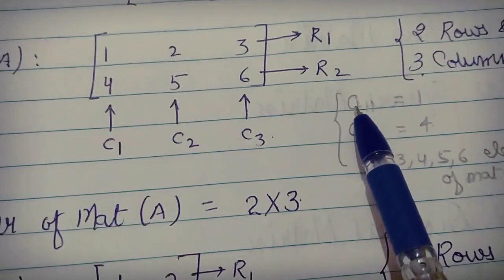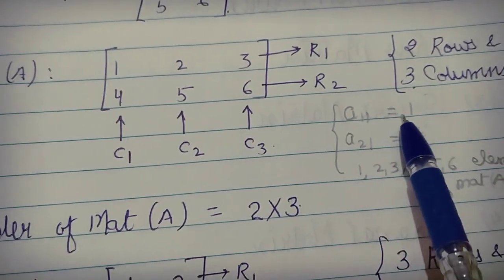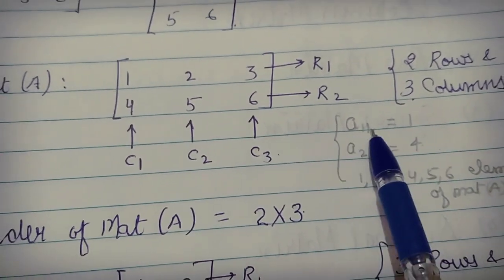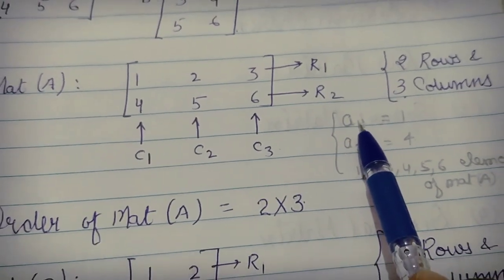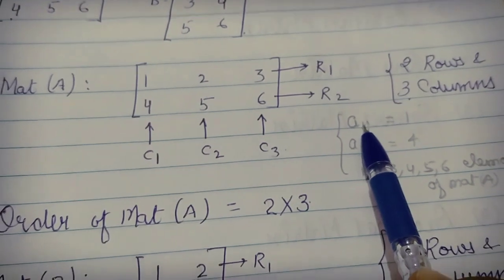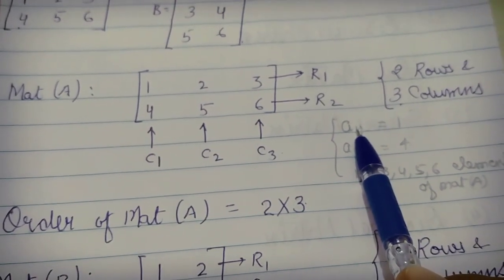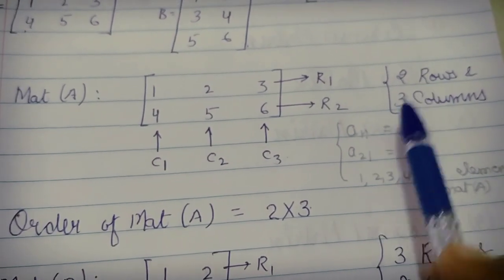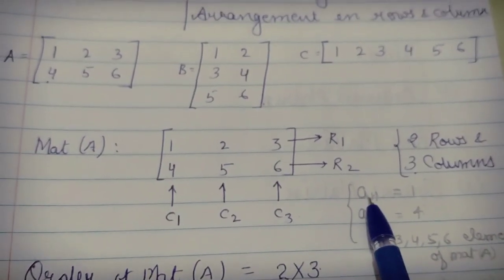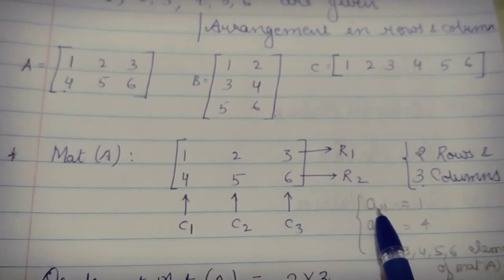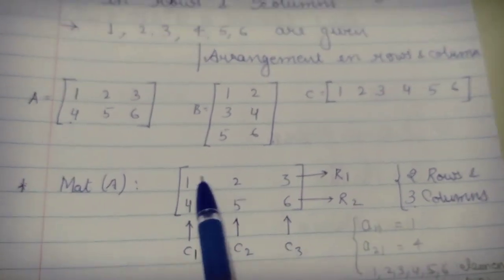What is this? A11 is equal to 1. In A11, A means element, the first digit represents the row and the second digit represents the column. That means A11 means the element of the first row and first column.